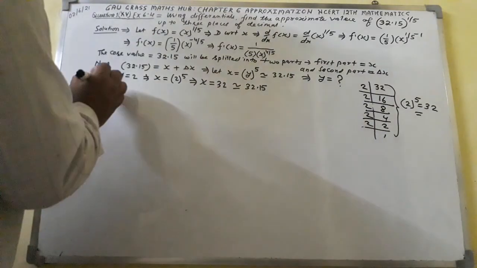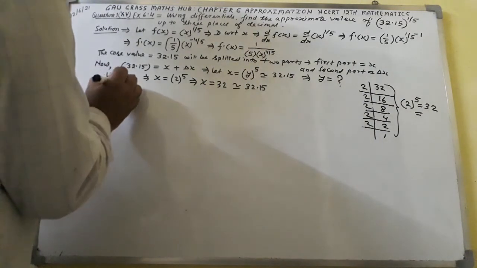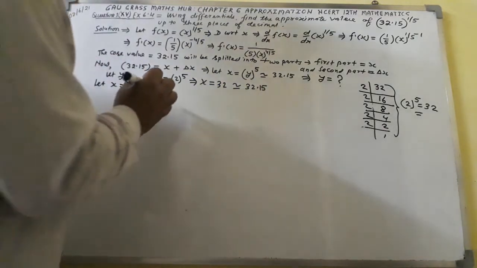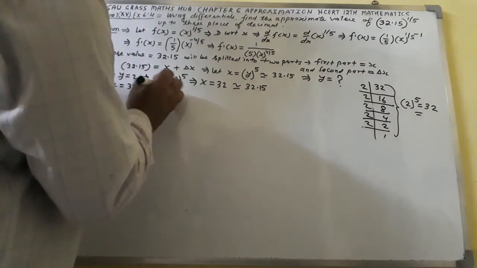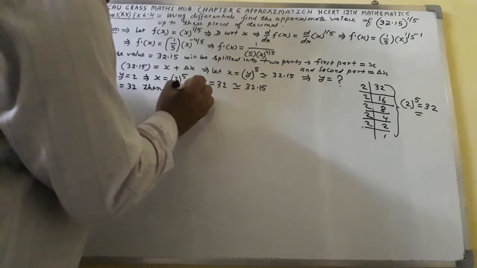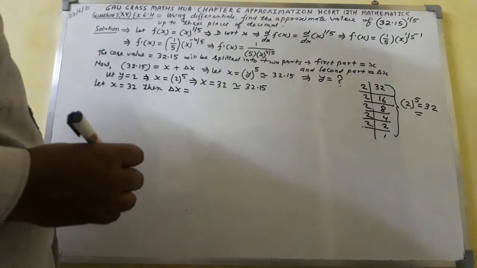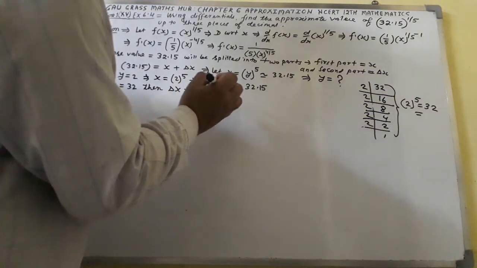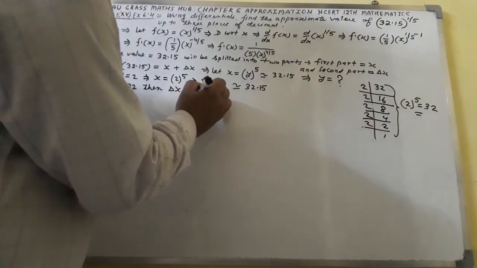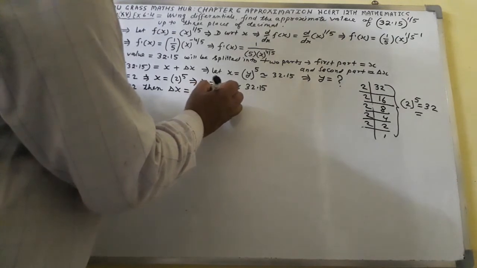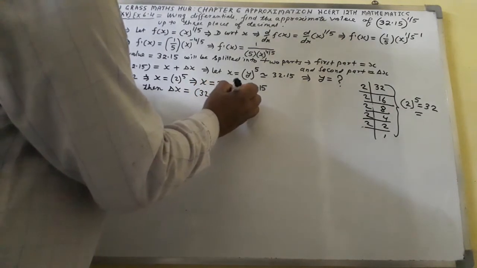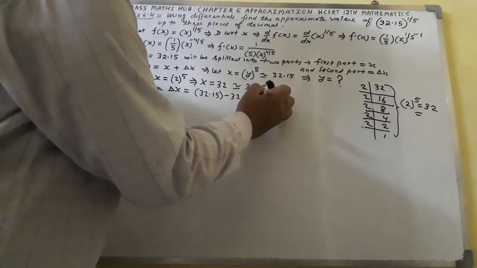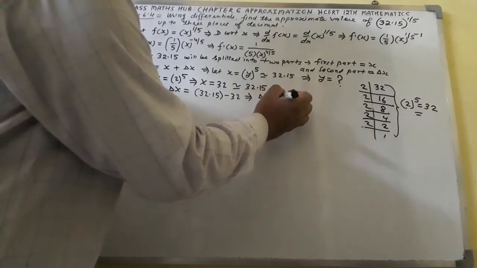Now again I shall write: let x equal to 32, then delta x equal to 32.15 minus 32, implies that delta x we shall get 0.15.